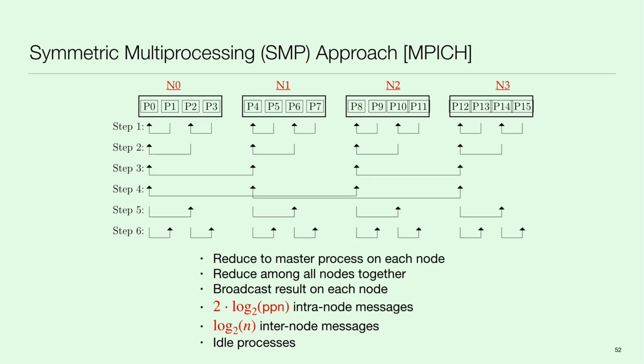And then there's also the SMP approach, the one that we looked at in MPICH, where you reduce to a master process in each node, you reduce among all nodes together, and then broadcast the results on each node. It does leave idle processes in this case, and we're going to compare against both of those.